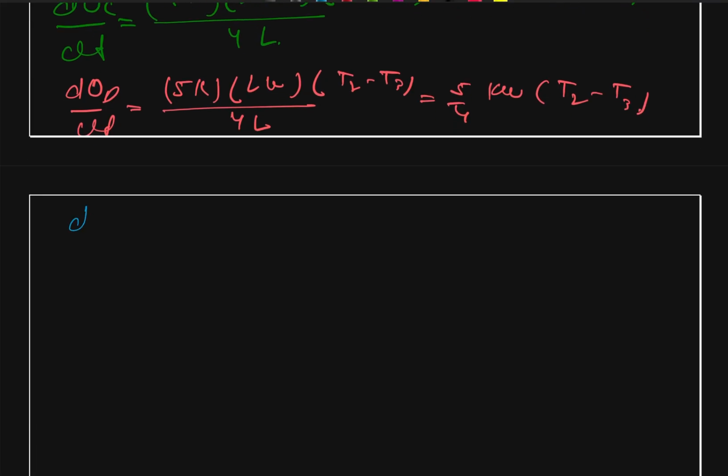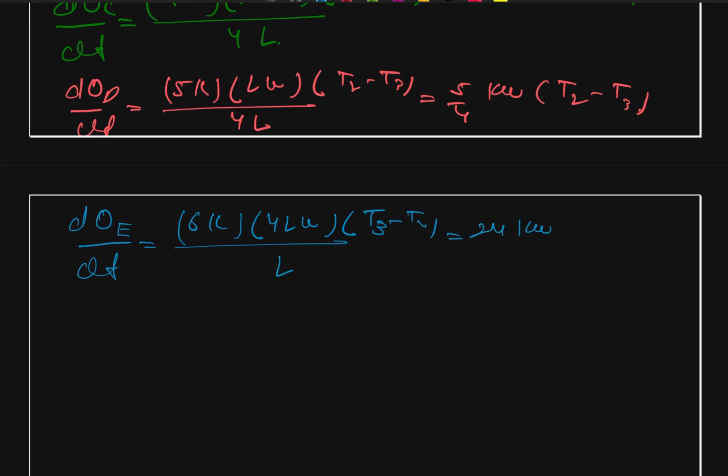And finally our dQE upon dt, this is equal to 6K 4LW and T3 minus T4 divided by L, which comes as 24 kW T3 minus T4.